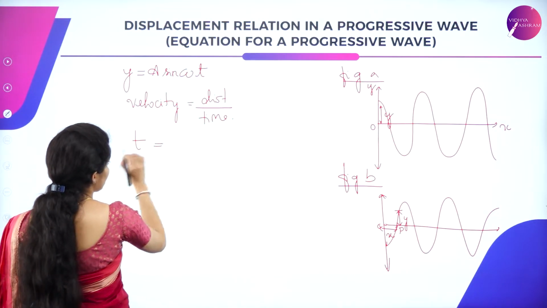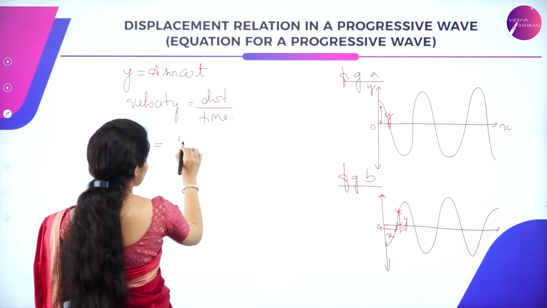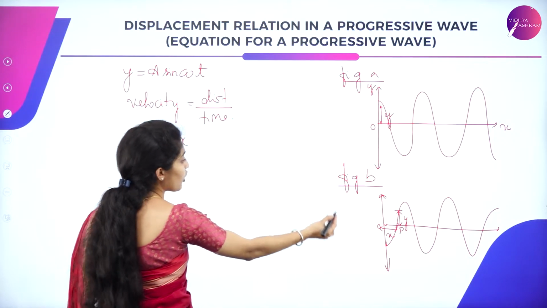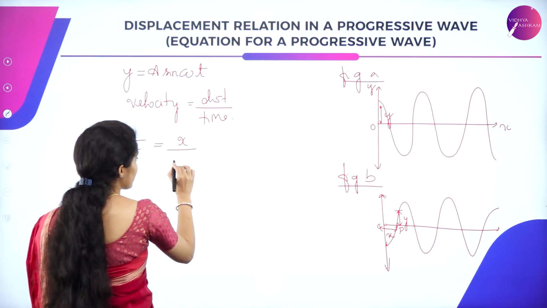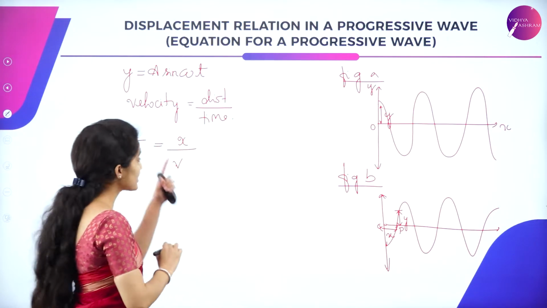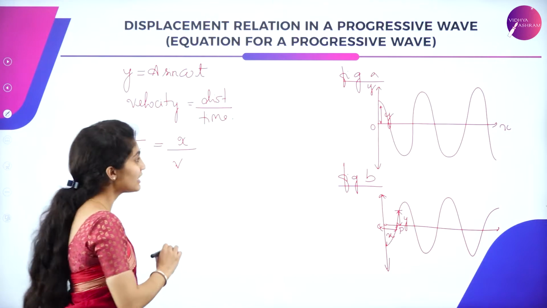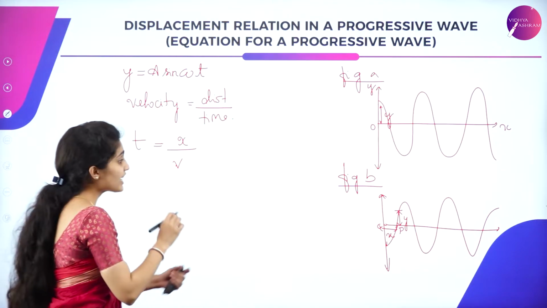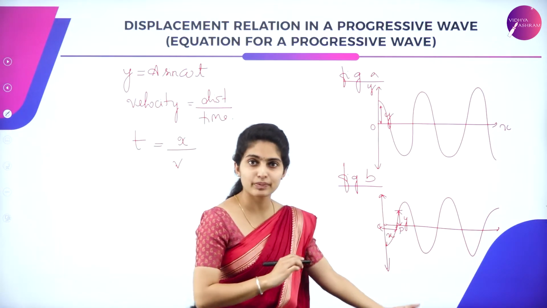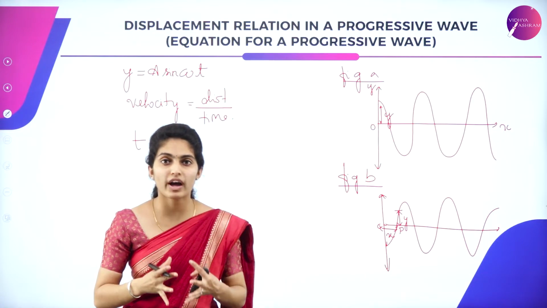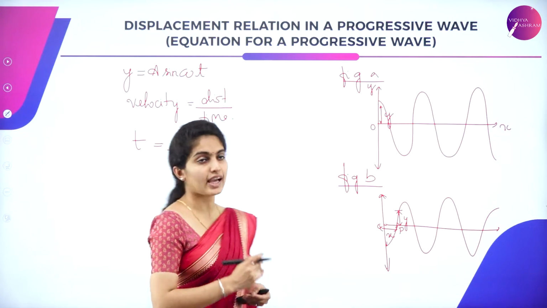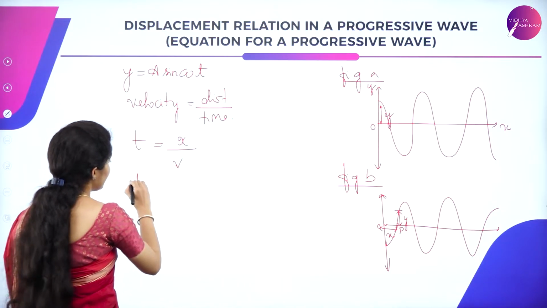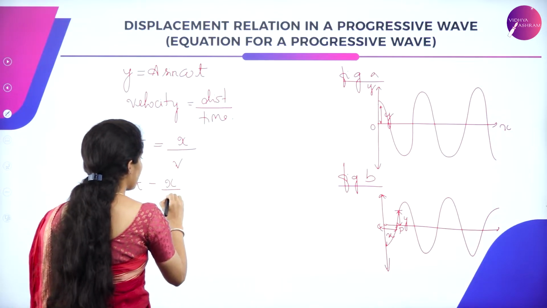So time t is the distance, which is the displacement undergone by the particle, x, divided by v, the velocity. Just interchange velocity and time. We know that at O and at P the particle vibrates, and that vibration at the initial condition can be given as t minus x by v.